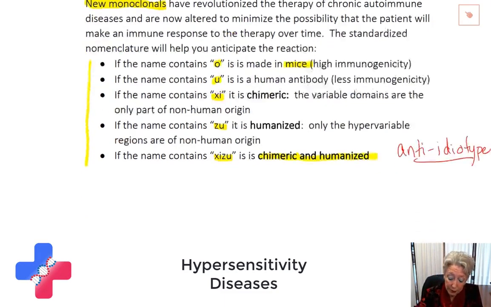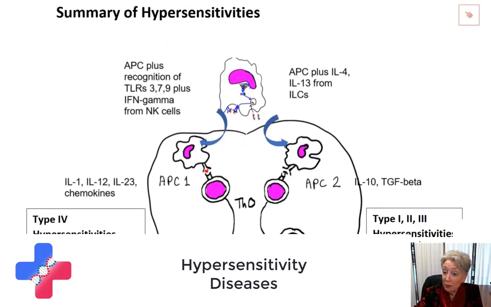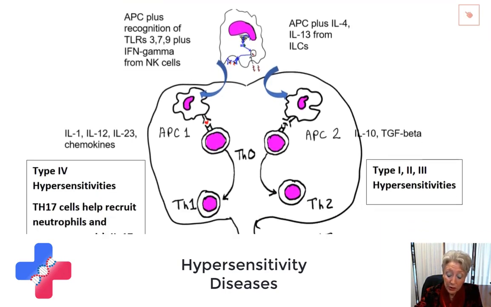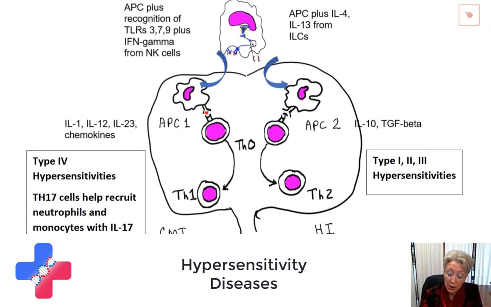All right. In summary, going back to the sort of scheme of the immune response, realize that all of the hypersensitivities except one are a reflection of the humoral side. That I would have an APC2 delivering the signal to a T helper 2 and culminating in humoral immunity.